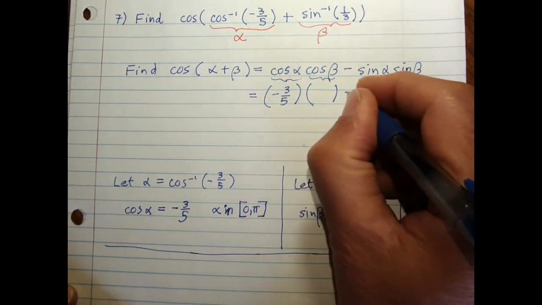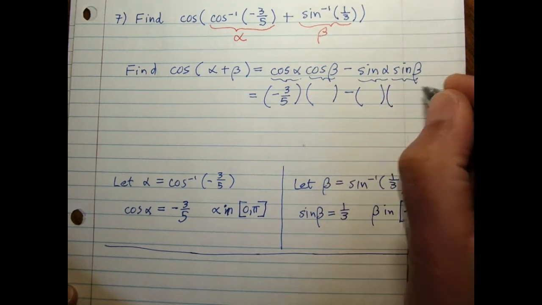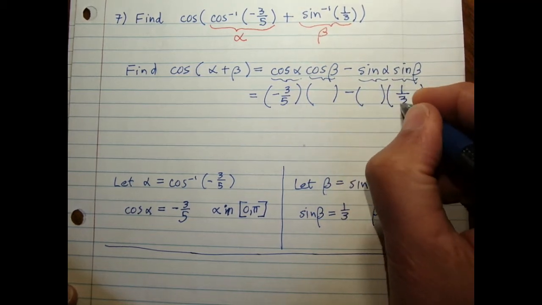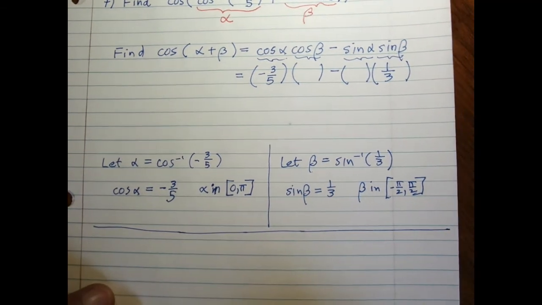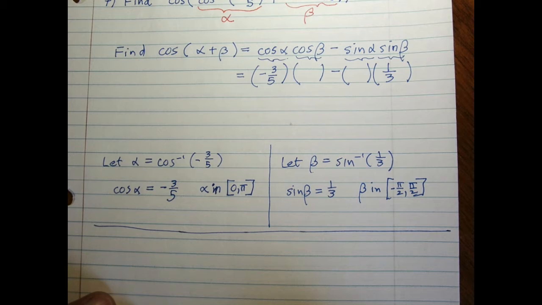I don't have cosine beta yet, minus sine alpha, I don't have that yet, but I got sine beta is 1/3, so I already have 2 of the 4 trig function values we need to plug in to get our cosine of the sum.